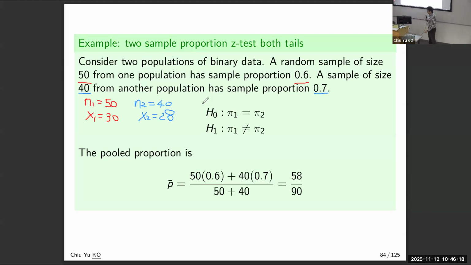If you want to guess the proportion of population one who like K-pop, it would be just 30 over 50, which is 0.6. And for the second group, how many people liked it would be 0.7. So we have that already, and that would be the answer to that question.